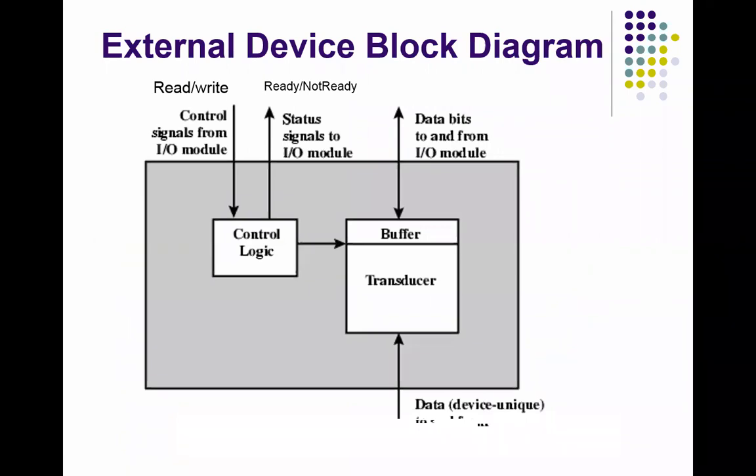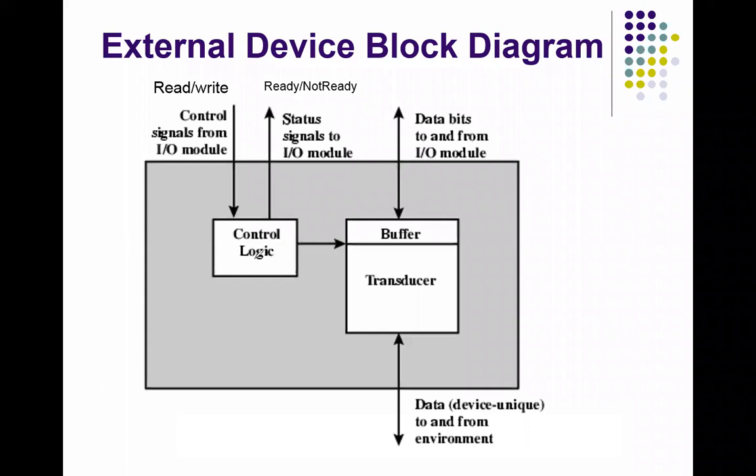So here is the external device block diagram. All the concepts are very easy. I hope all of you are getting it. So in this block diagram, you will find one control logic.